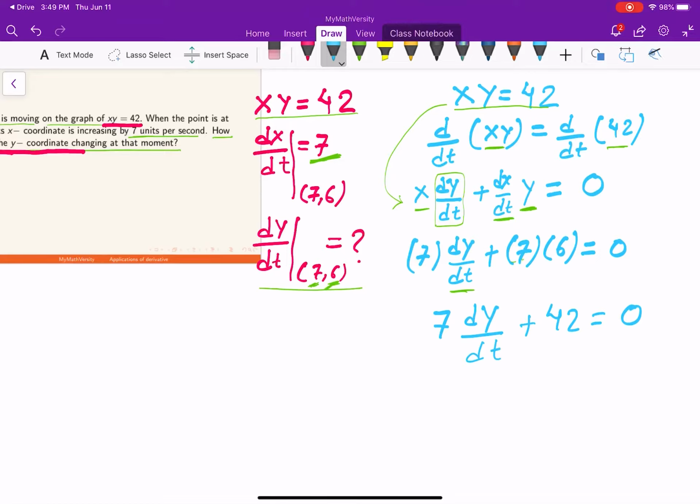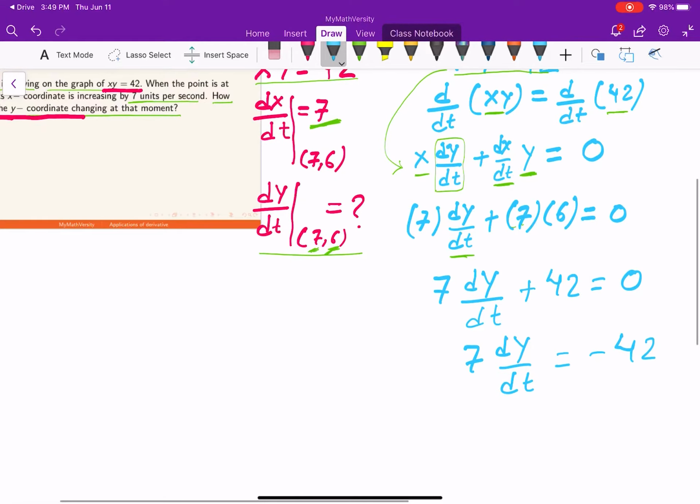We subtract 42 on both sides, so this will be negative 42, and to isolate the derivative of y with respect to t, we divide by 7 on both sides. So this will be equal to negative 42 over 7.